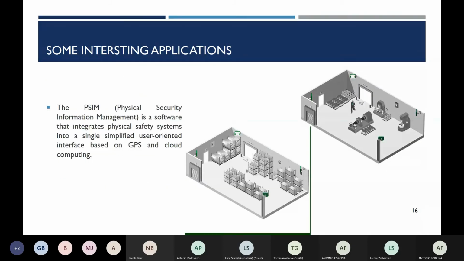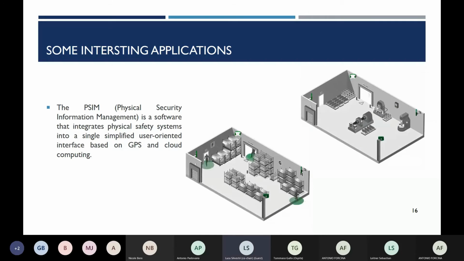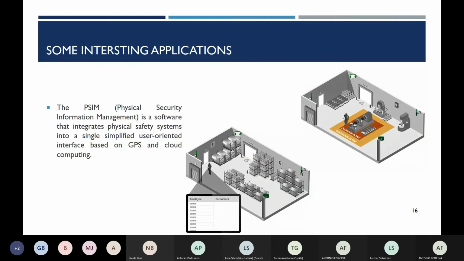Another interesting application is a software called PSIM, Physical Security Information Management, able to integrate the physical safety system into a single user-oriented interface based on GPS and cloud computing.